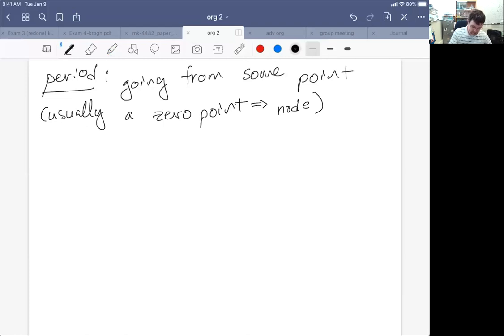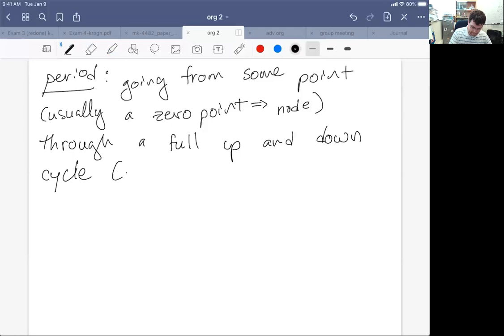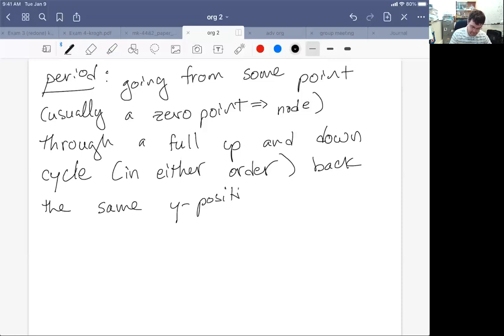So we go through some point, and I like to write through a full up and down cycle, and we could go in either order. So you could go down first and then up. Through an up and down cycle back to the same y position, which again is usually 0. Okay, so that's a full period.